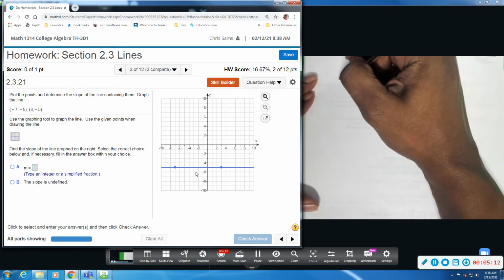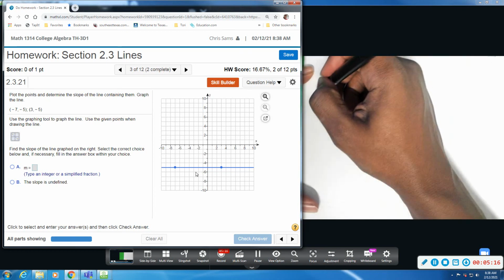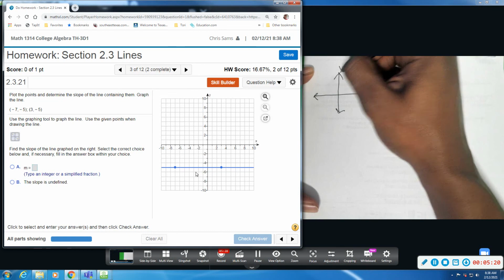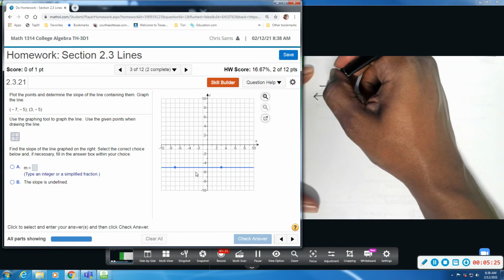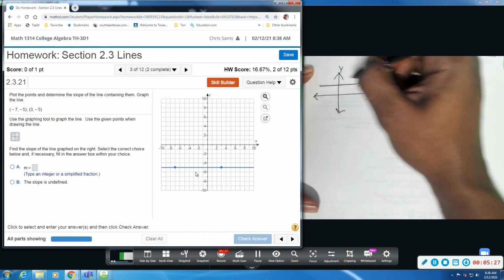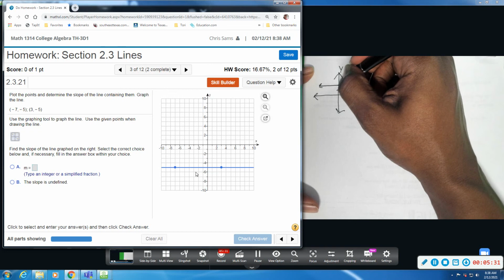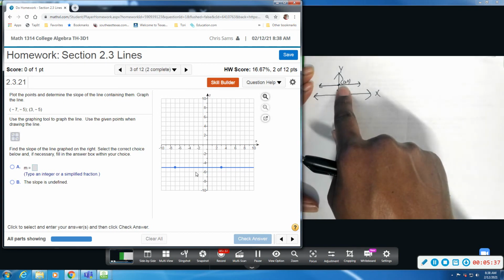Now, likewise, if we had x and y axis, this is y, this is x, we have some line that is only crossing the y-axis. Let's just say that this is the point 0, 2. The y value here is 2.